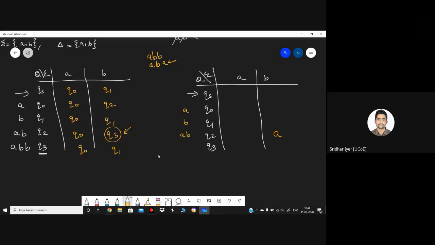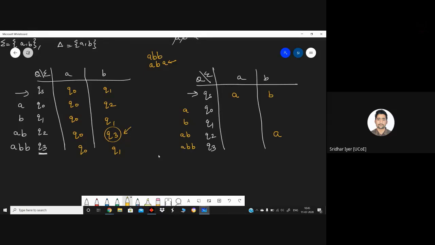The only thing that differs over here is your logic, nothing else. QS on intersection A, same logic. It was empty previously, so whatever input is arriving, you have to take it as it is. QS on input B will be B, right?